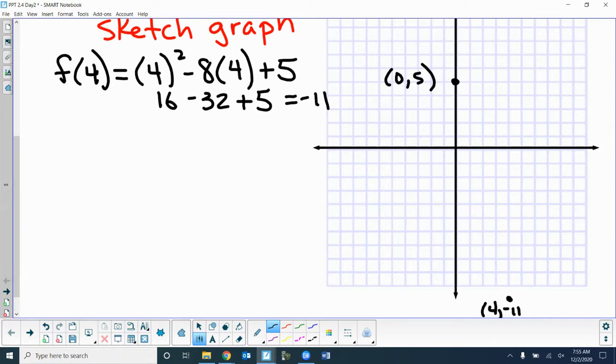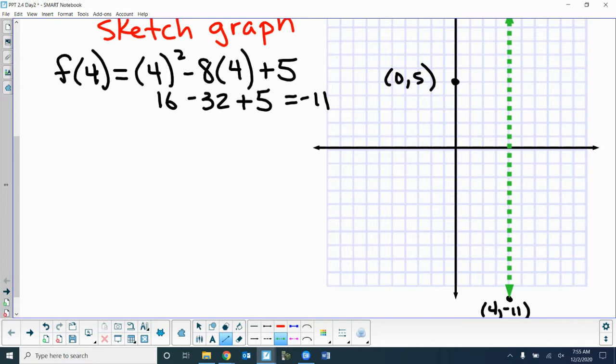There's my vertex. Remember, the axis of symmetry was x equals 4. So that's this. All right? Goes right down the middle of it. So what I do to find the other point, I go straight across from the y-intercept.